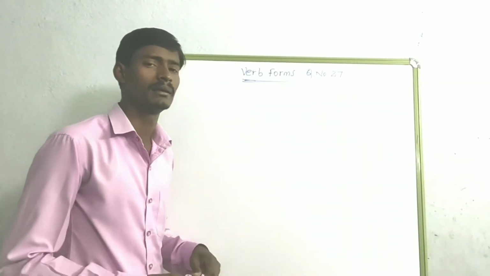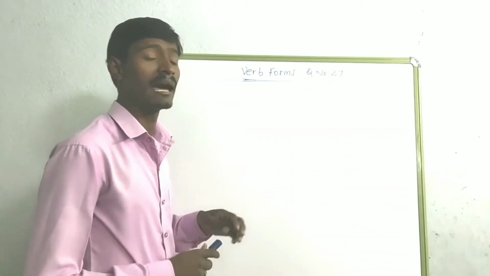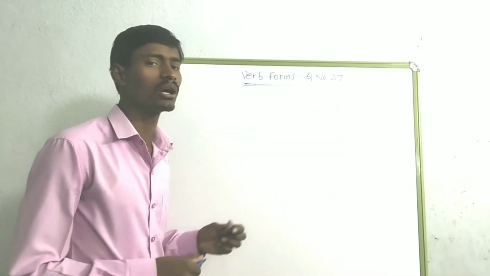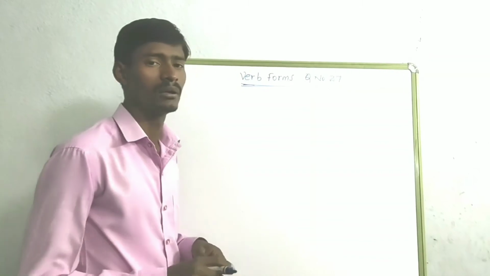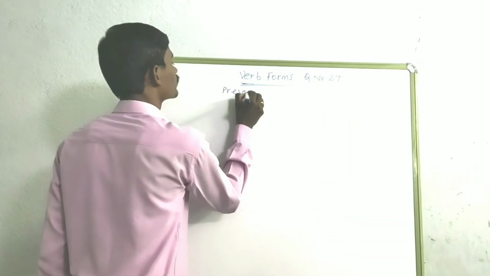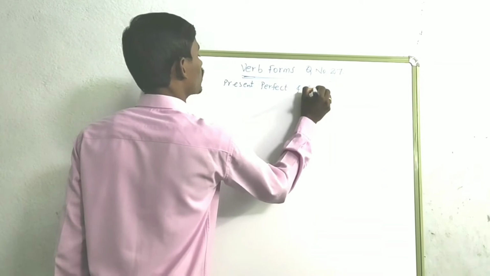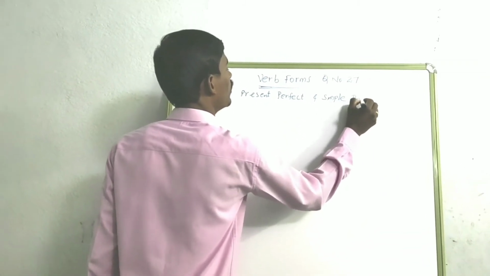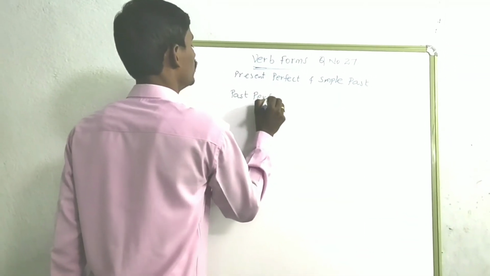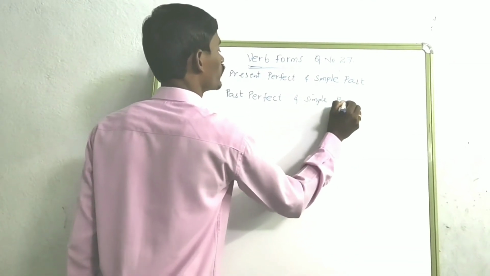Actually, though there are many tenses here, primarily two topics are very important as far as this question on verb forms is concerned. The two topics are from our textbook from 10th standard. Those are present perfect and simple past combination, and also past perfect and simple past combination.